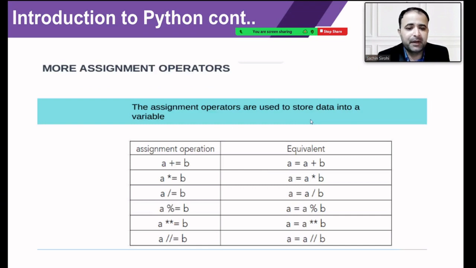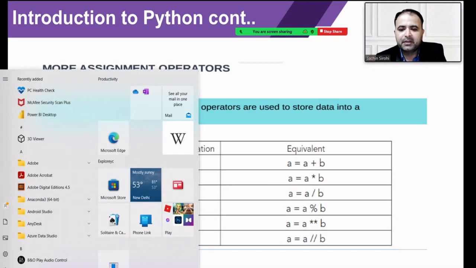Some assignment operators. It is a shorthand basically. A plus equal B means A equal to A plus B. A multiply equal B means A equal to A multiply B. It is the combination of the arithmetic operator with the assignment operator.